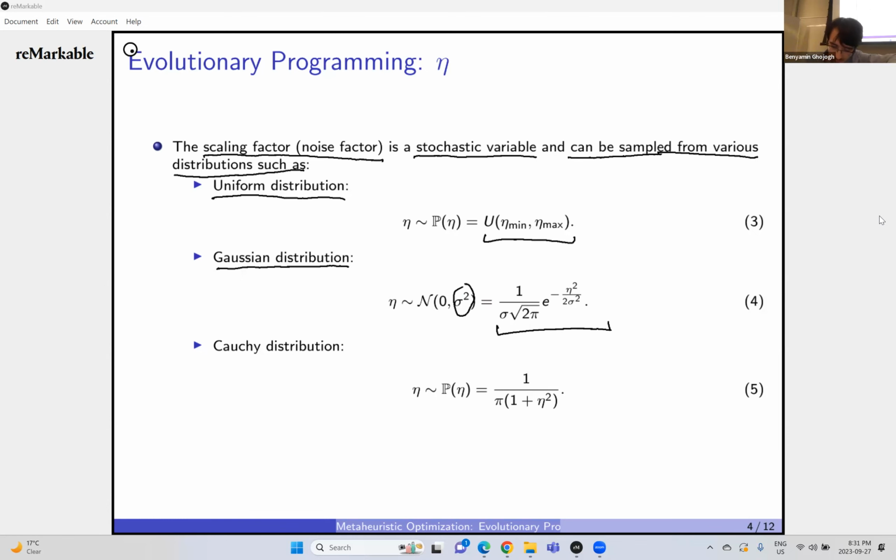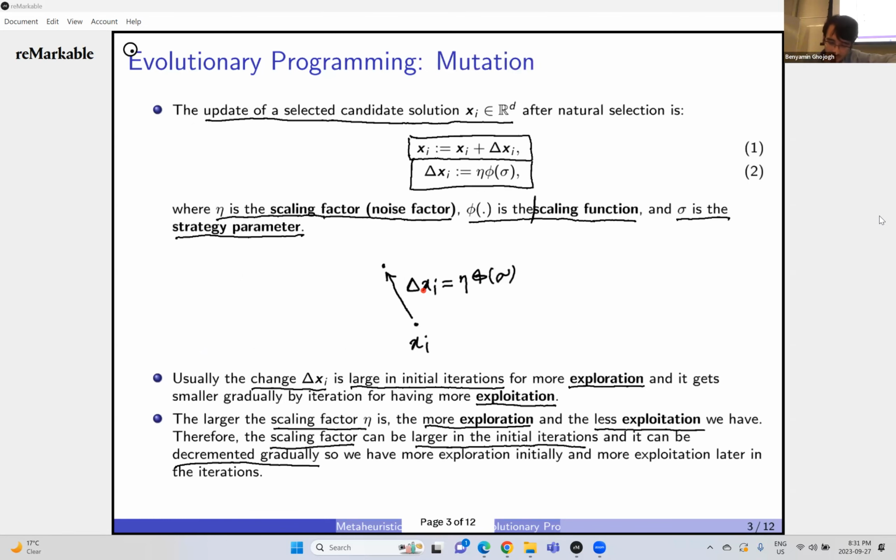Because we are updating Xi with delta Xi, and we don't want to change the mean. So what do I mean? It should start from Xi itself, not Xi plus some mean. Did you understand? Otherwise, for example, this is Xi, then I would start from here, where this is the mean. I shouldn't have something like this, right?